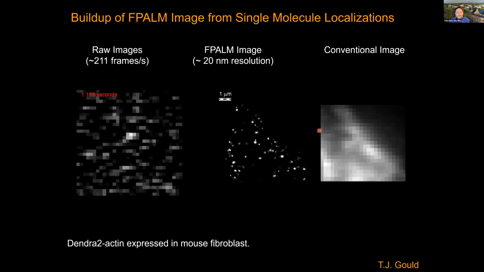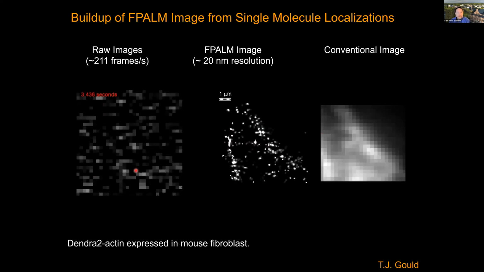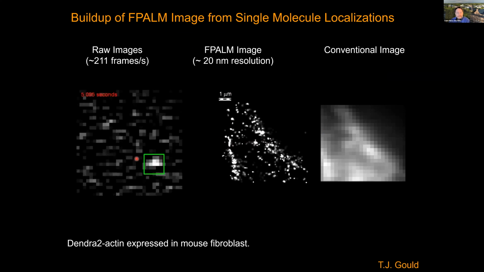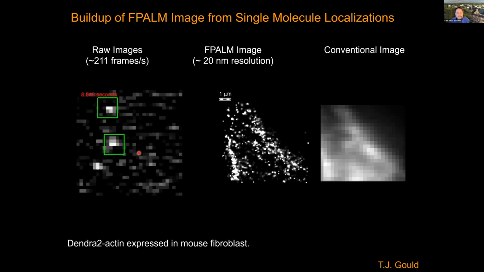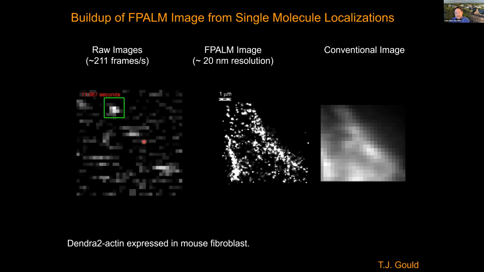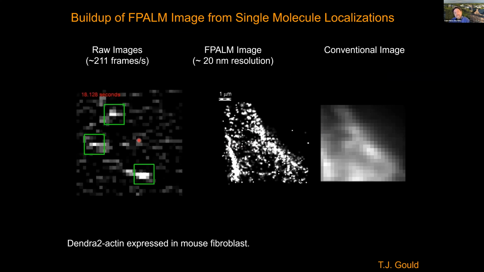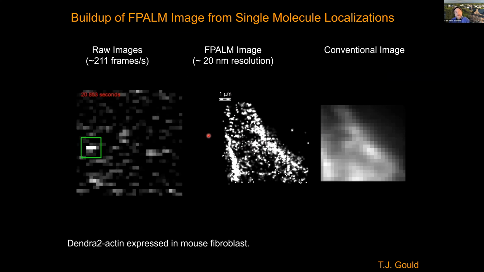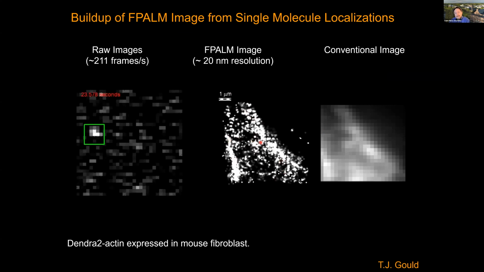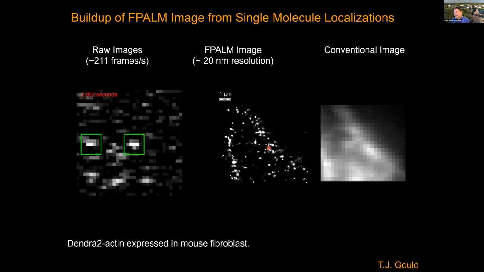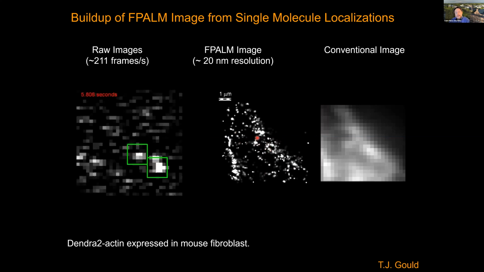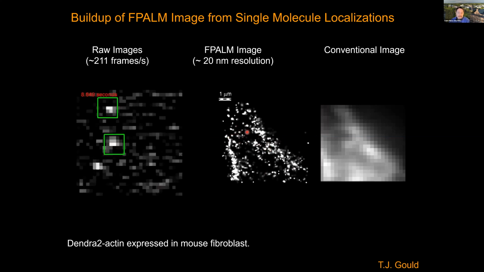So the data looks like a stream of spots, bright flashes of light from each molecule. The boxes are drawn to show the things that we identify. We then localize those things, plot a dot for each one. Sometimes we use the localization error as the size of the dot.